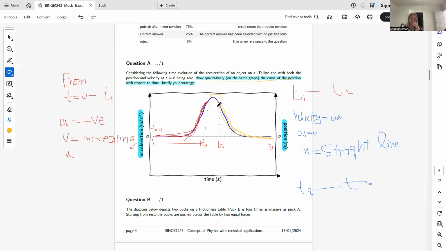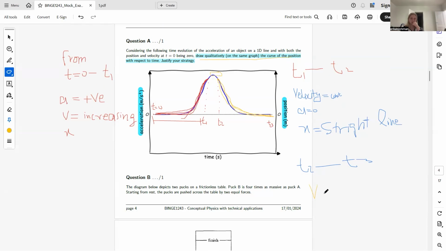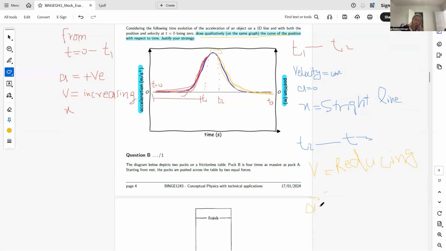Now the velocity is getting reduced. If the velocity is reducing, then in that case, what will be the acceleration? Acceleration will not be positive. It will be negative.